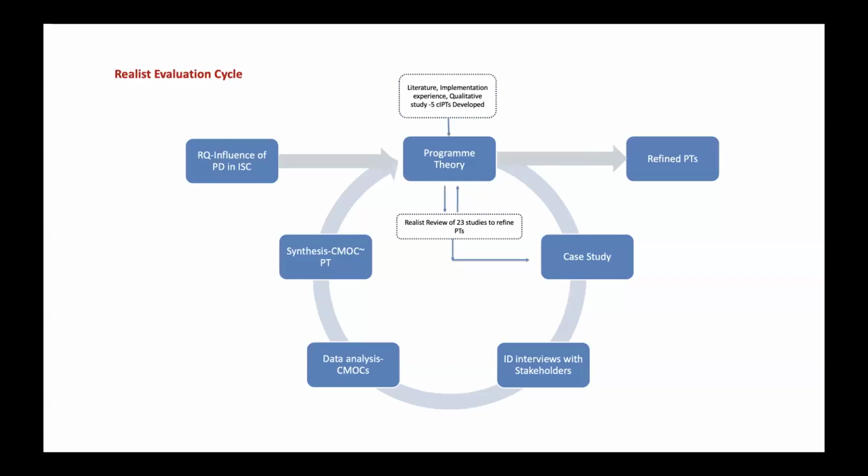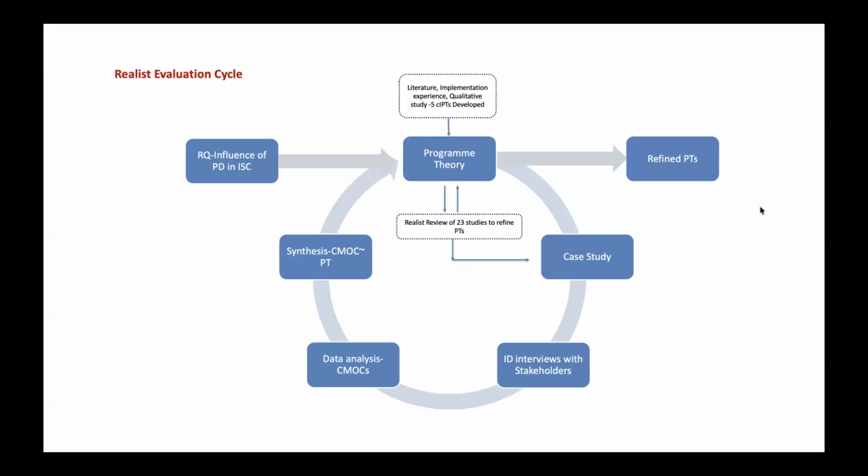As you know already, the realist method follows the realist evaluation cycle. I began with the first step, the literature. I went to the literature and tried to understand how power influences intersectoral collaboration. Unfortunately, I was unable to find much literature which explicitly states how power influences intersectoral collaboration.